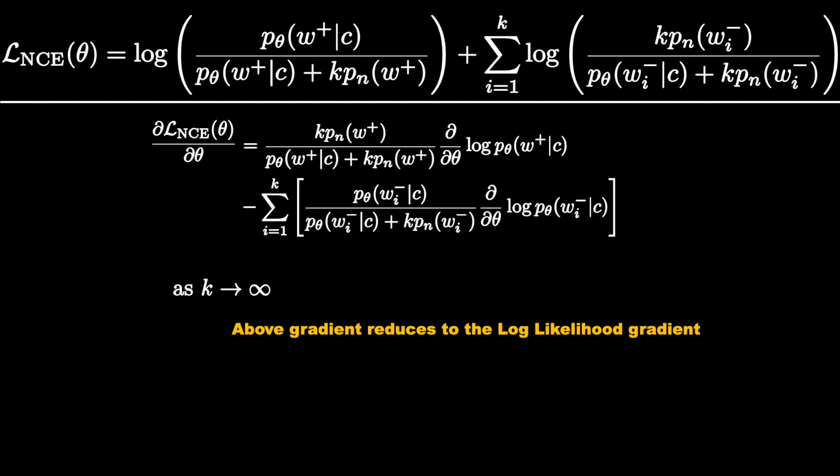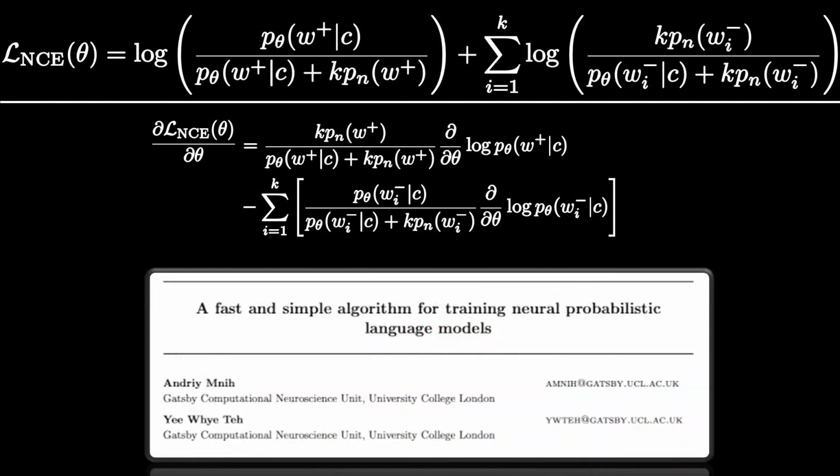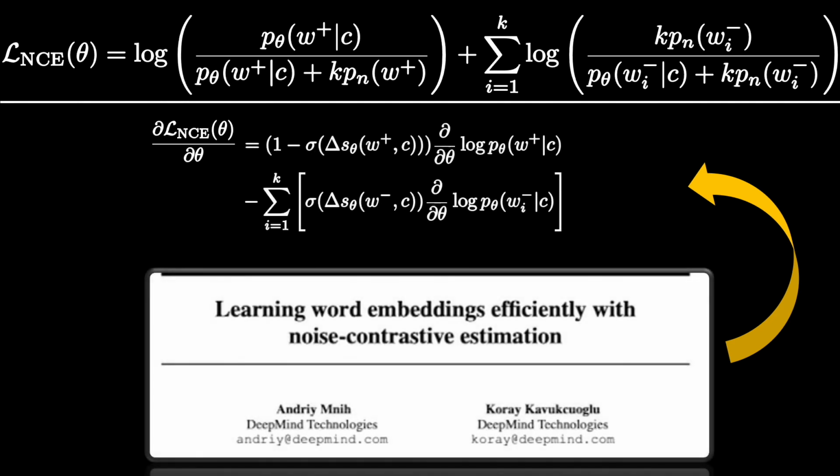And this is the expression which is also listed in the seminal paper from Andriy Mnih, the paper that I talked about earlier. And you will find this expression of the derivative of the loss function in there. Interestingly, the next year, that is 2013, Mnih published another paper at the NeurIPS conference in which the focus is on learning embeddings efficiently using noise-contrastive estimation.